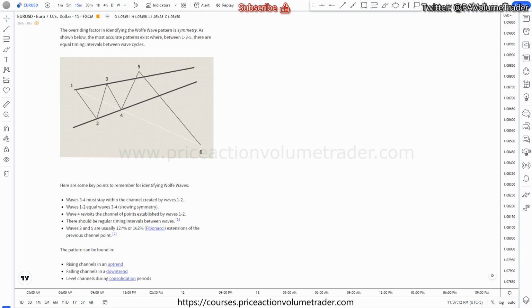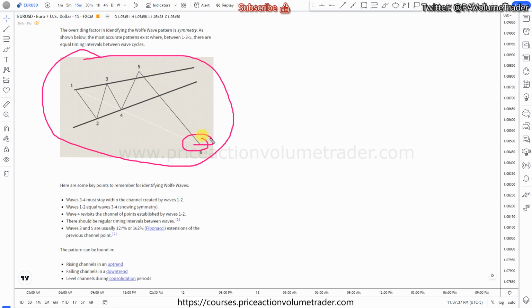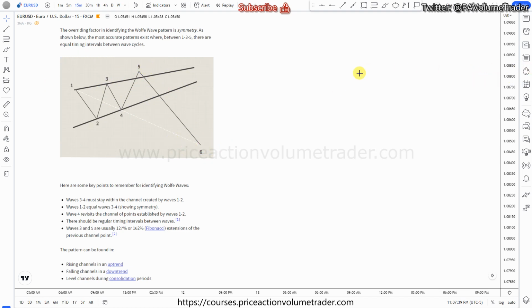Okay, so Wolfe wave, as the name implies, was invented by a person with the last name Wolfe. That's where the name comes from, and you can see this is basically the basic diagram for a bearish Wolfe pattern, meaning that we are going to be looking for a target to the downside.